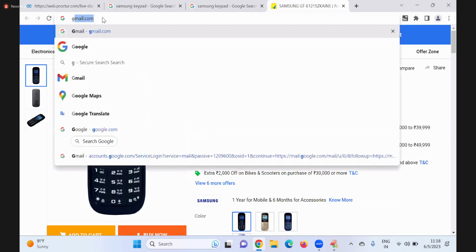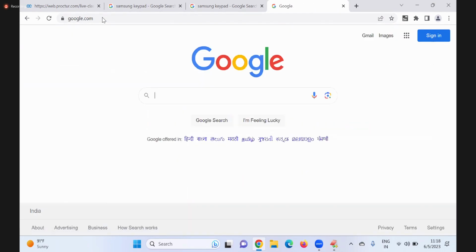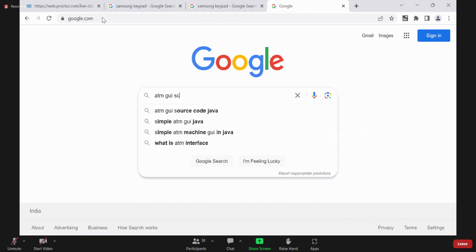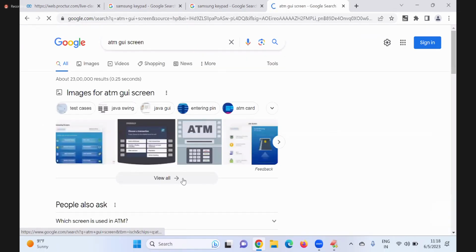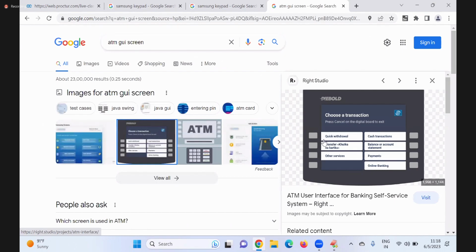Now, the second example I took is an ATM GUI screen. At that time, I want to do some operation, withdraw, deposit. So some functionalities are there in the backend. I want to access those functionalities. One user interface can be provided. That interface is nothing but our API. So API is a simple thing.